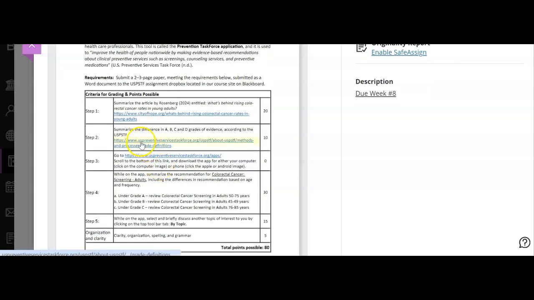Then you're actually going to go to the U.S. Preventive Service Task Force, and you're going to note that they talk about the differences in A, B, C, and D grades of evidence. So obviously, grades of evidence are on a spectrum.